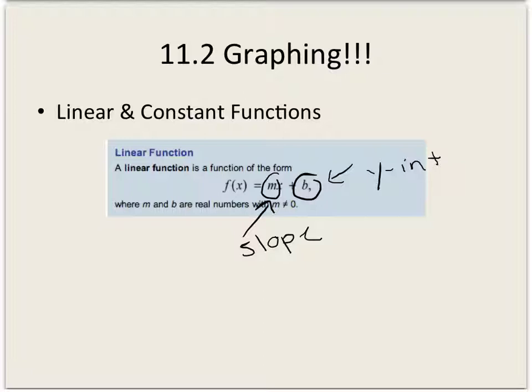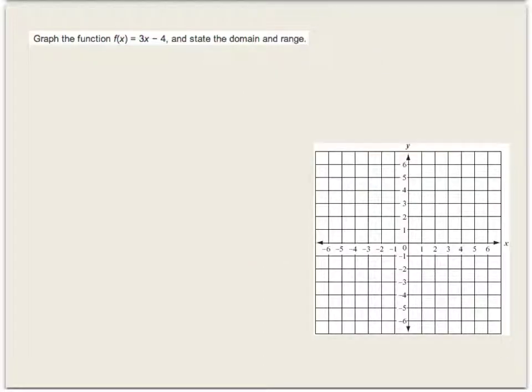If the mx part is gone, if it's 0, then that's called a constant function, because that means that the function doesn't have a slope. It just stays steady and doesn't go up or down, but rather horizontal. If I want to graph a linear function, I can use that m and b to help me. Since b is -4, that's my y-intercept.